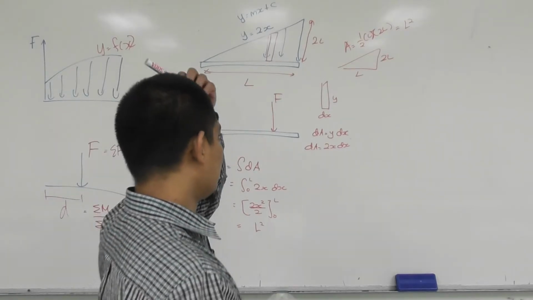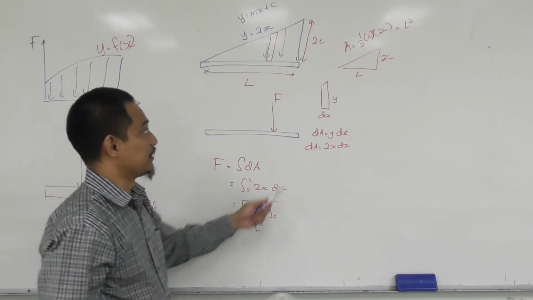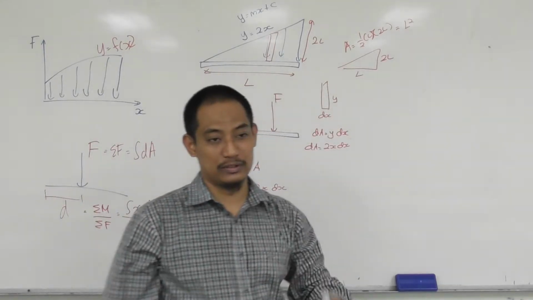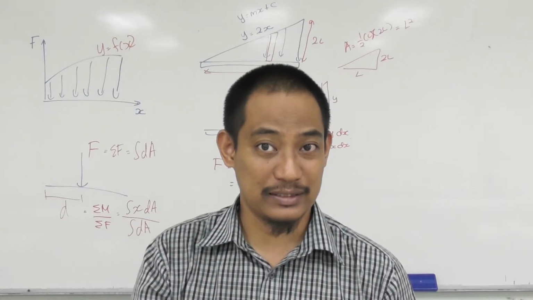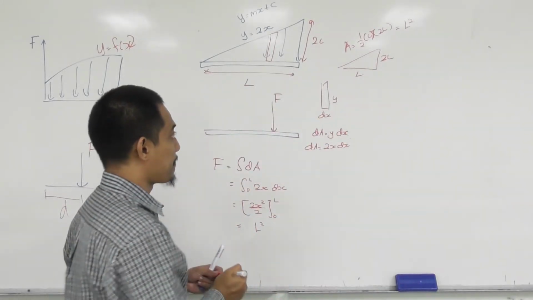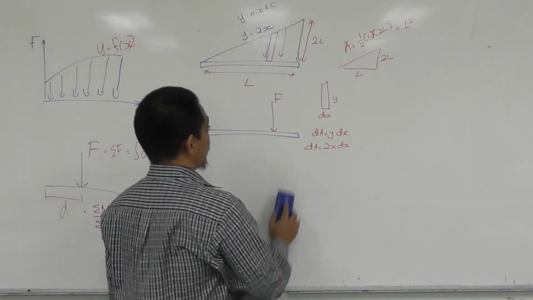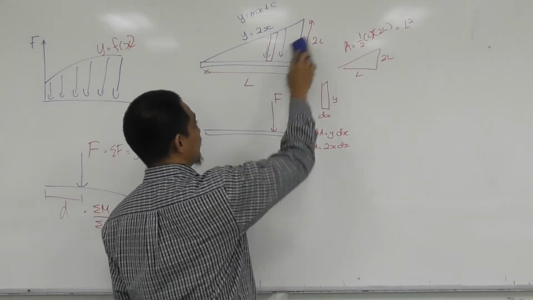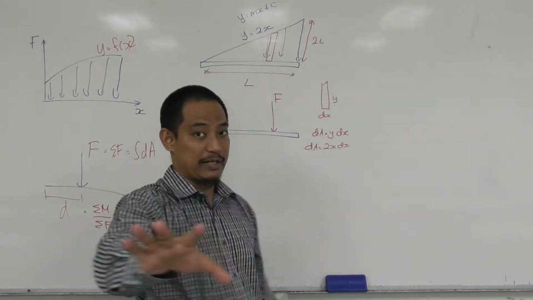L squared, right? So it should be the same. Meaning what you calculate here and what you calculate manually using just a triangle of half times the height times the base, you get the same thing. So it is proven. That's for the force. Obviously do not memorize this.